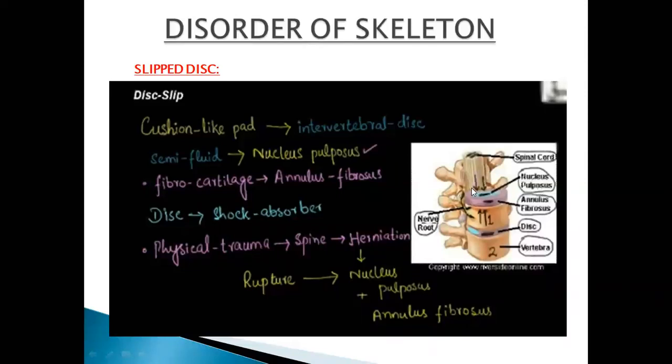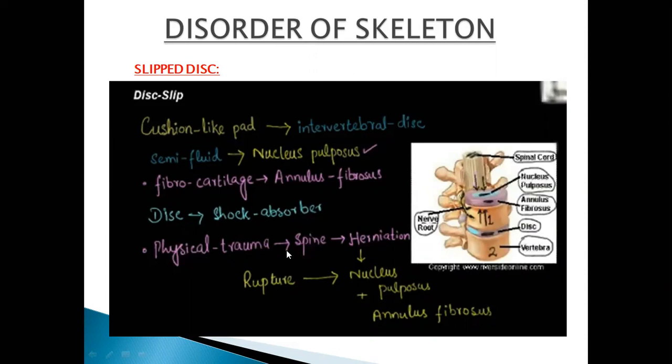So this is the structure of the disc. Now come to the function of this disc. What is its basic function? It acts like a shock absorber, whenever you bend over or lift some weight.